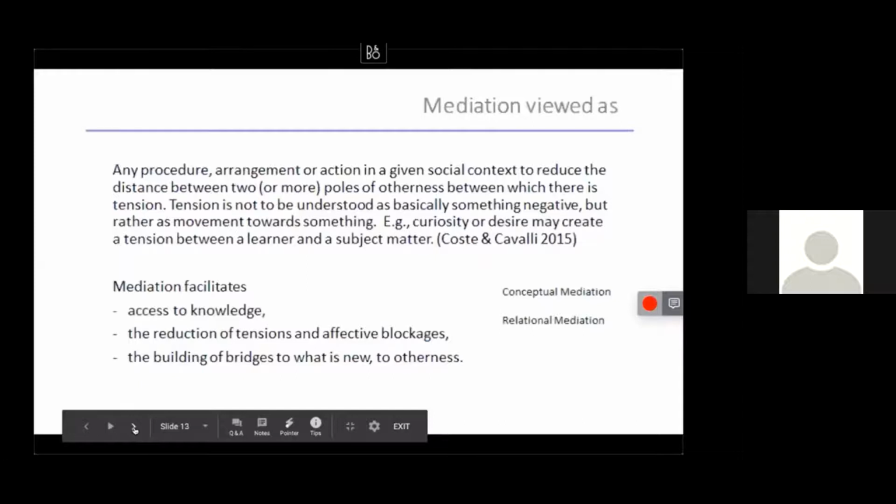Mediation, a brief definition. Mediation is something that's going to be very big in the coming years, and mediation in the CFR goes beyond a sort of informal interpretation, but is any procedure, arrangement, or action in a given social context to reduce the distance between two or more poles of otherness between which there can be tension.